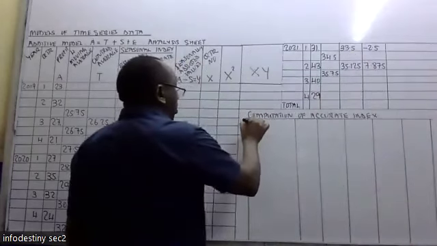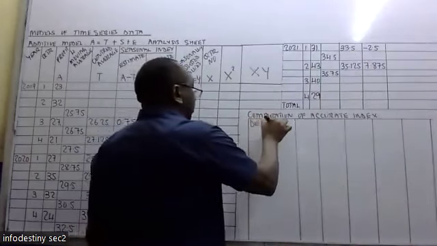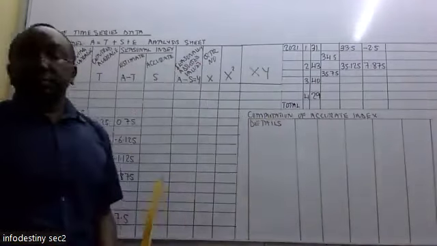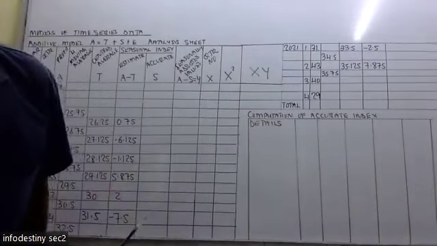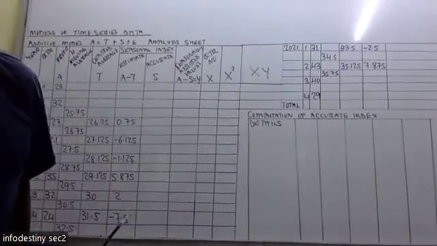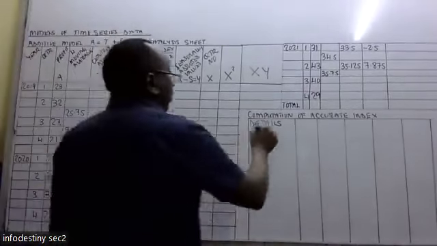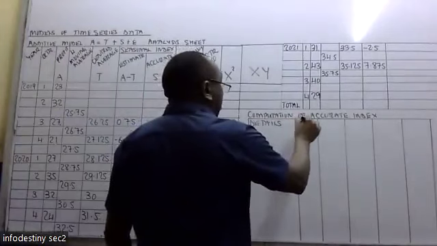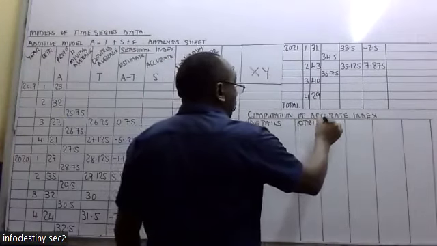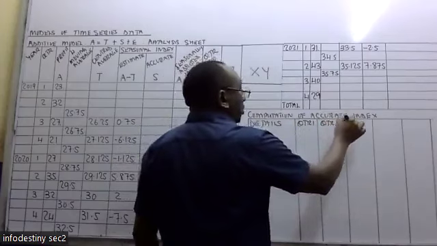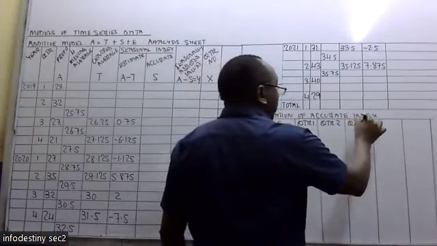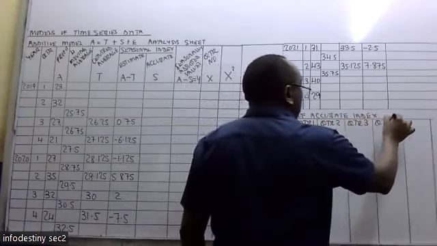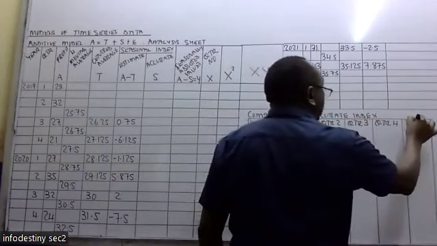So we have a column called details. We have Q1, Q2, Q3, Q4, and we have total.